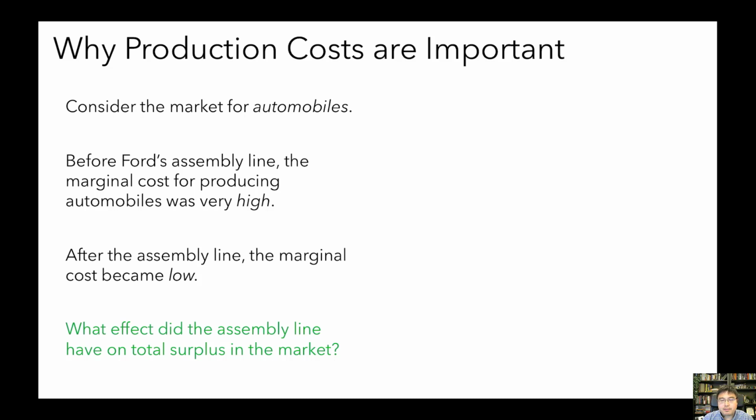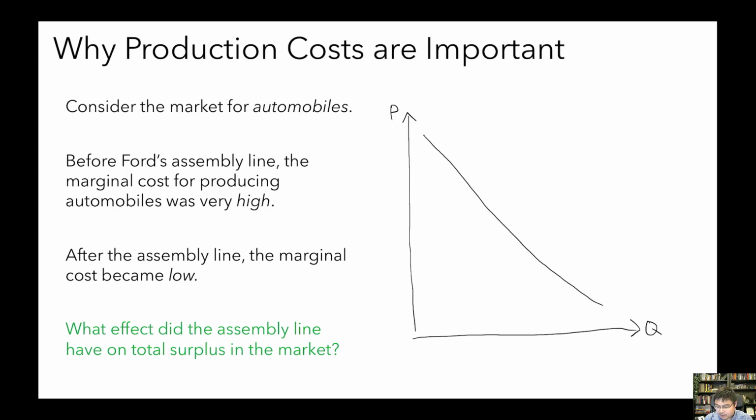We can answer that by using comparative statics. So let's draw a supply and a demand diagram. And we're going to start by drawing the supply and demand diagram from the time period before the assembly line was invented. So here is a demand curve.